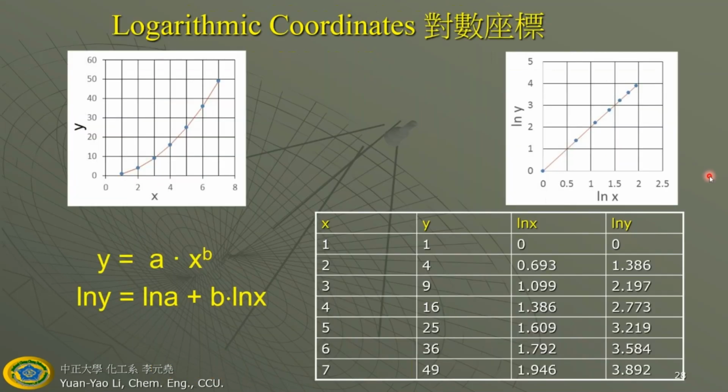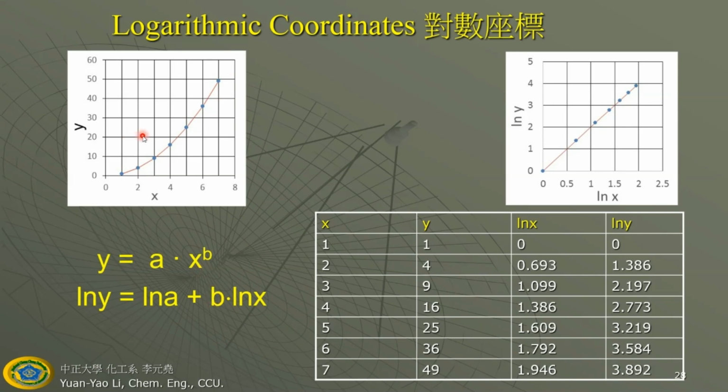For example, this is the data we just had in the previous example, x and y. So x is 1, 2, 3, 4, 5, 6, 7, and y is 1, 2, 1, 4, 9. So you plot something like this. It's very difficult for you to find the model, the mathematical equation to represent this line, unless I tell you this follows the power law.